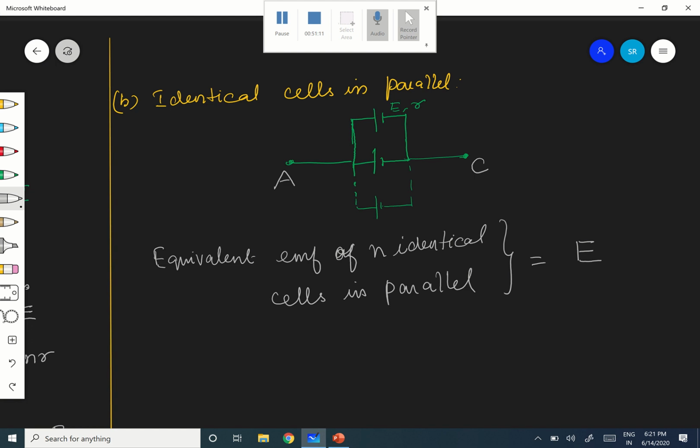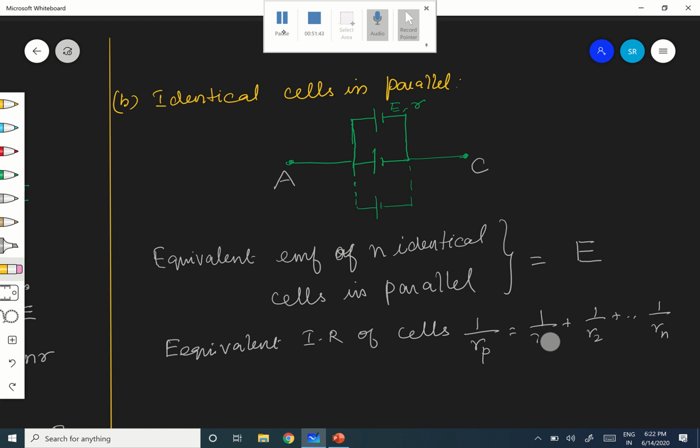Therefore, what is the equivalent internal resistance? The equivalent internal resistance of the cells is given by 1 by Rp equals 1 by R1 plus 1 by R2 plus and so on up to 1 by Rn. Everything is r only now, because all are identical cells.